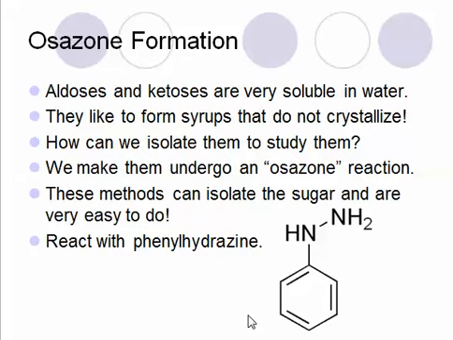The reason that we have to do osazone formation is because imagine you taking a pot of water and heating it up maybe, or just leaving it at room temperature. And you're going to take some sugar and dissolve it in that water.